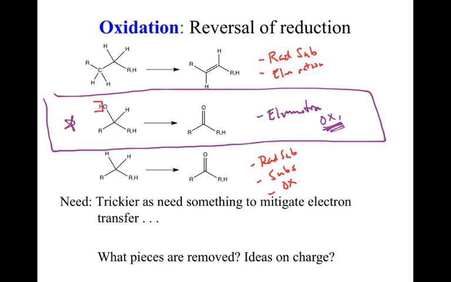Well, hopefully you can see we remove a hydrogen and a hydrogen, which is a bit odd because those should both come off as positive charges, which would then mean we have a negative carbon and a negative oxygen. I have too many electrons to make the pi bond. So something weird is going on here. Something has to polarize either the carbon or the oxygen to take electrons away from the structure. And that's kind of a bizarre reagent.